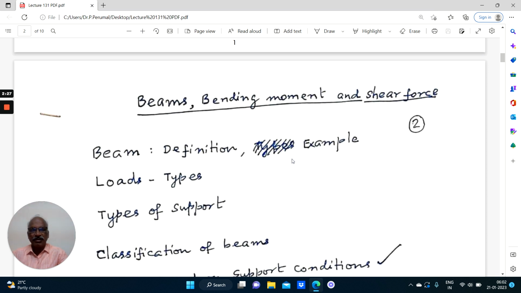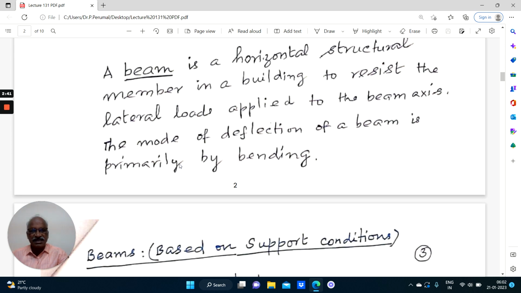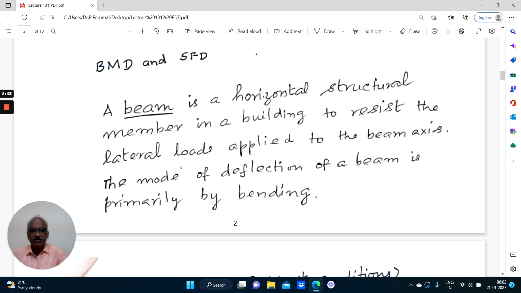Now, we will discuss about beams, bending moment, and shear force. We will discuss the definition for beam. A beam, actually, this is a very general, simplified definition. A beam is a horizontal structural member in a building to resist the lateral loads applied to the beam axis.